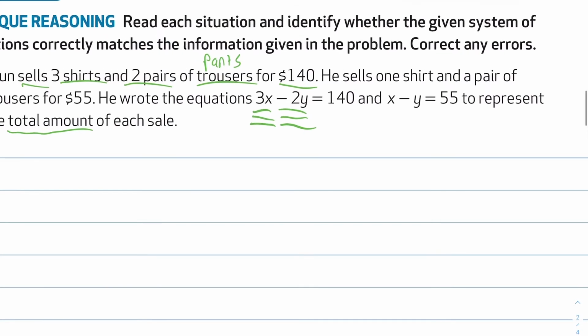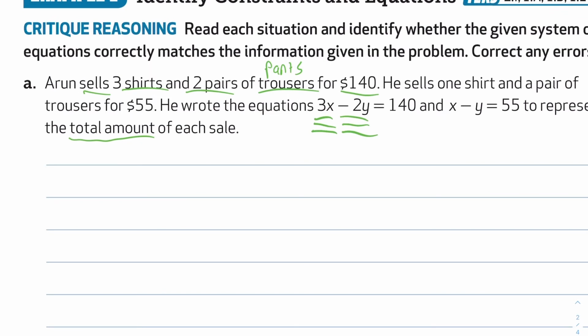They should. Another hint is that it's talking about the total. That's what we want, is the total. So that should have been 3x plus 2y to equal $140. I think he did the variables just fine. The shirts are the x's, the y's are the pants.